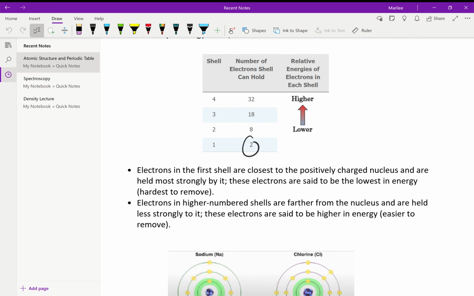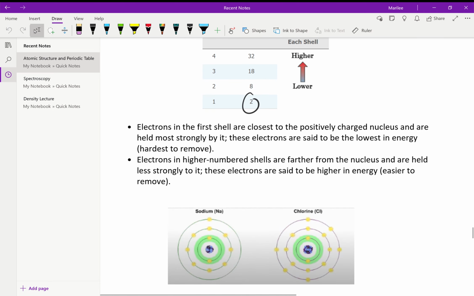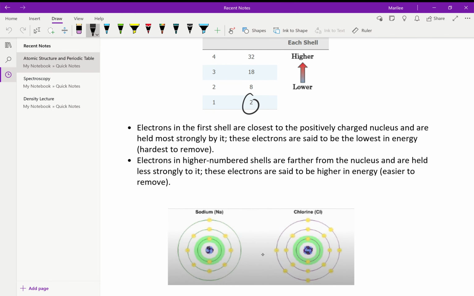So electrons in the first shell are closest to the positively charged nucleus. I want to show you here. So here's sodium. This is the nucleus. So the first shell that holds maximum 2 electrons, so 1 and 2, is the closest to the nucleus. You guys see that?